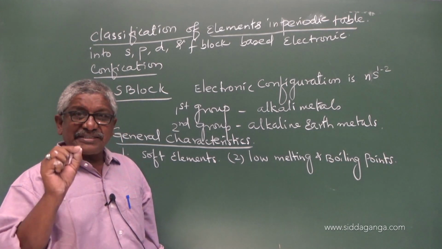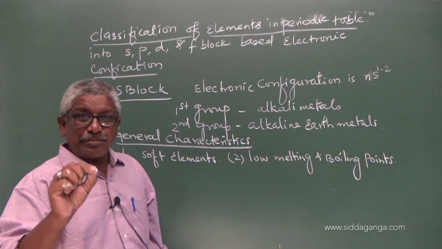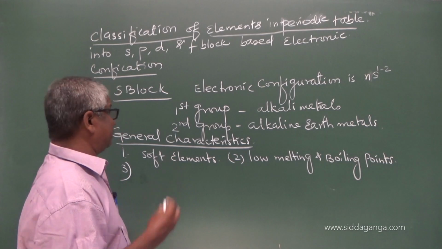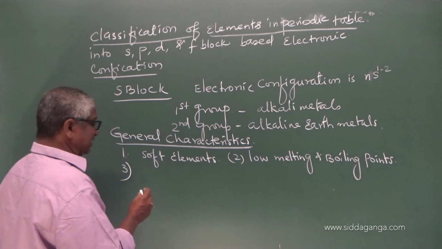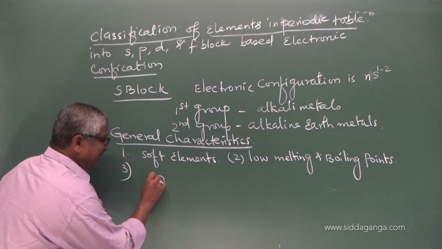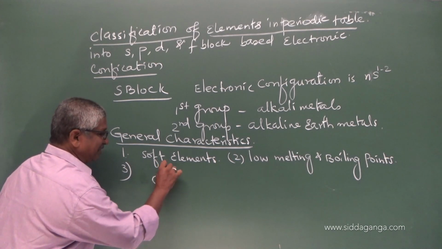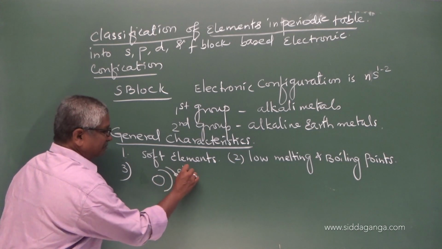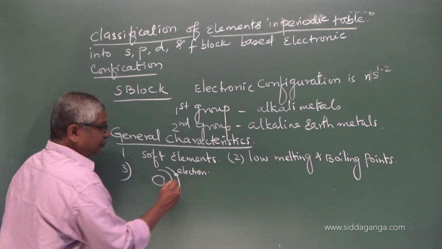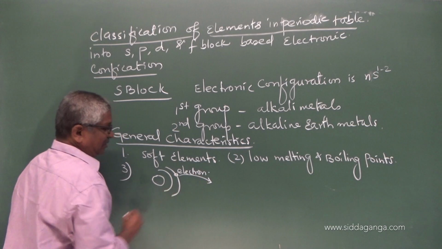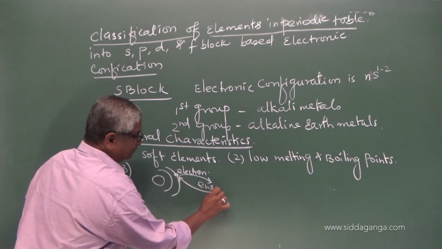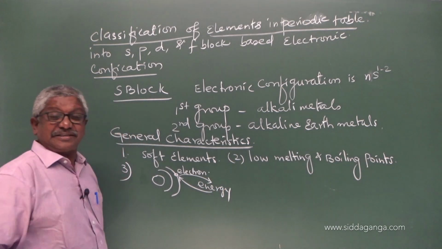The energy supplied to remove an electron from the outermost orbit. For example, if an atom has a nucleus, first energy level, second energy level, and this is an electron, to remove this electron we have to supply energy.